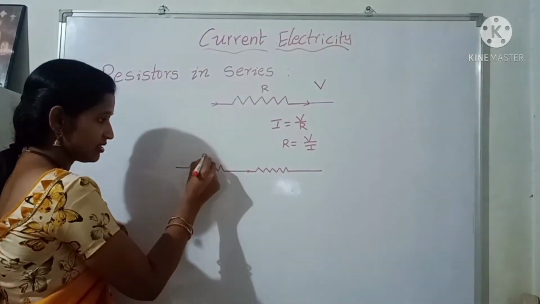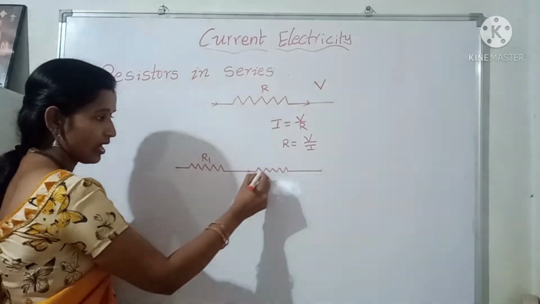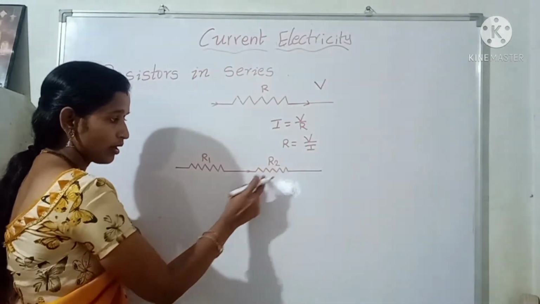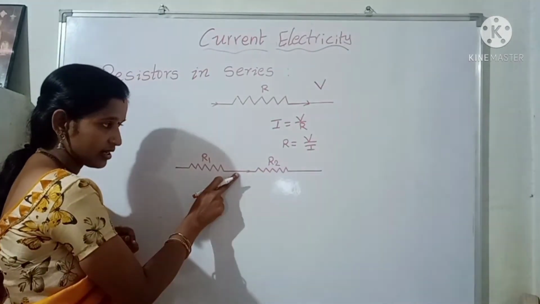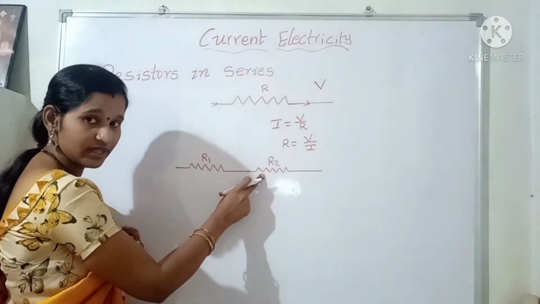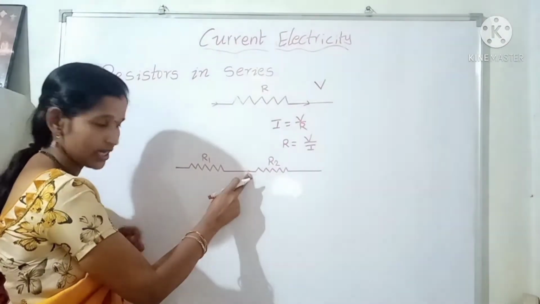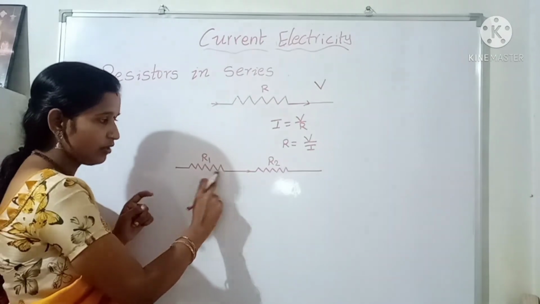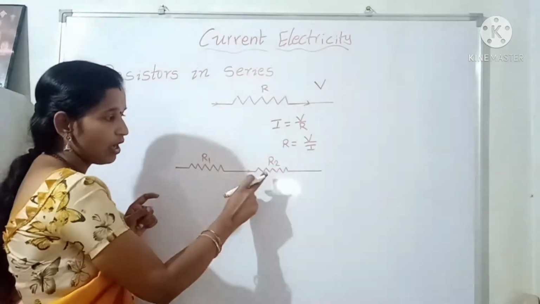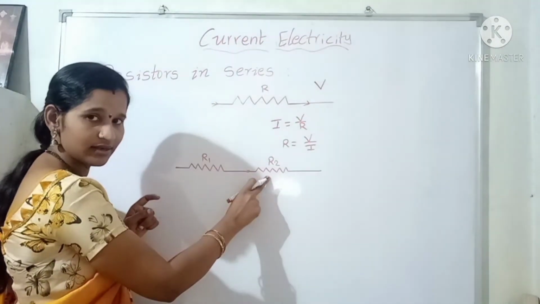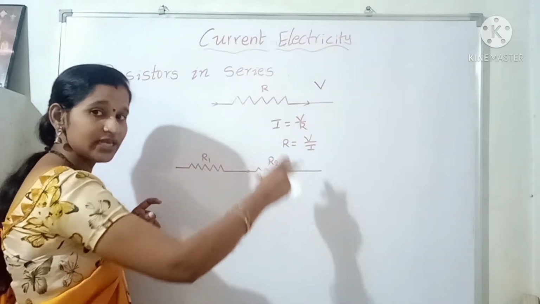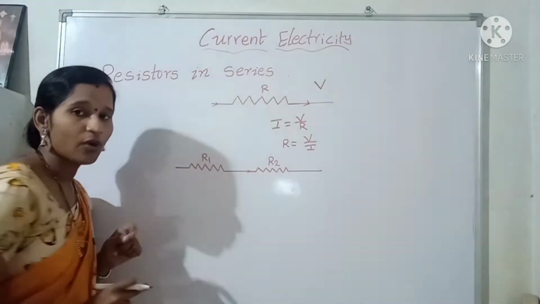This is the resistor R1 and this is the resistor R2. One end of R1 is connected to one end of R2. Each has two ends, and only one end is connected to one end of the second resistor. This combination is called the series combination.